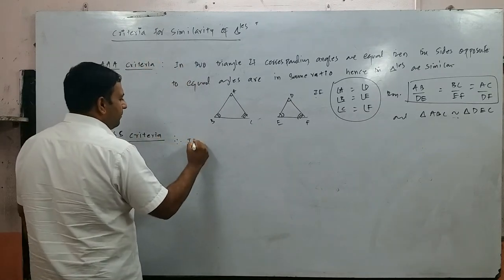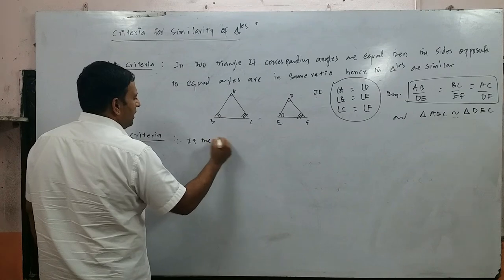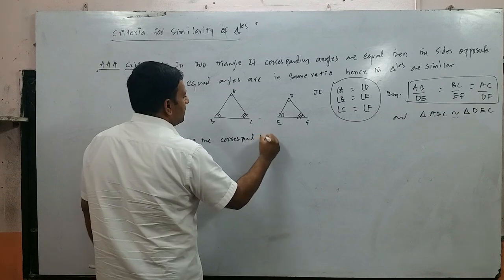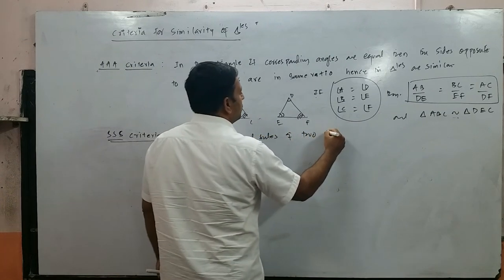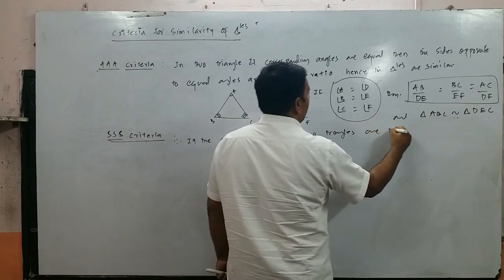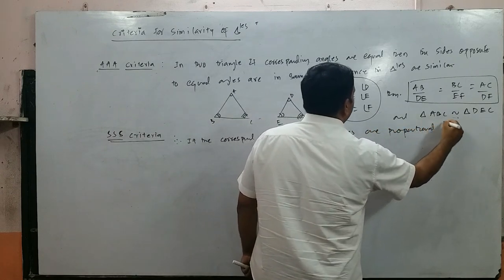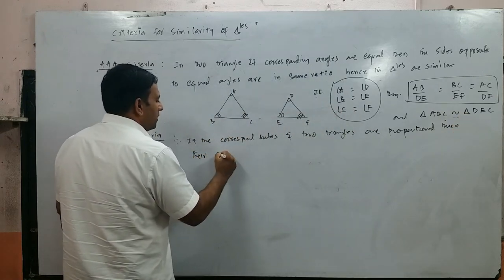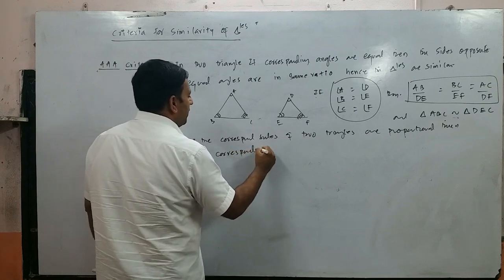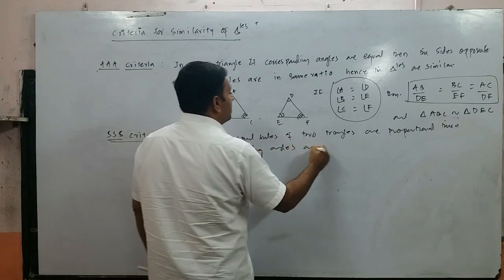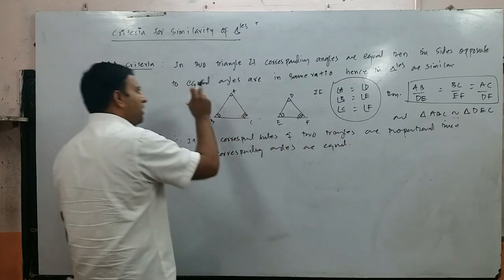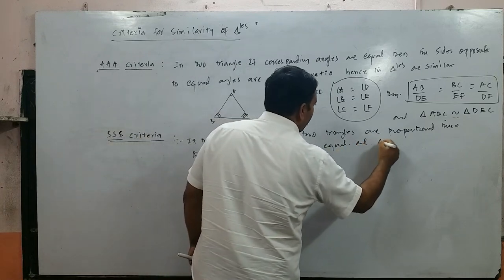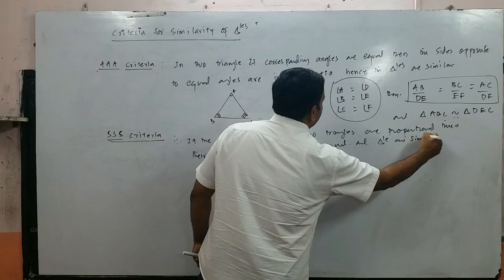Here I will say, if the corresponding sides of two triangles are proportional, then their corresponding angles are equal, right? So what you have written is quite opposite to that. And triangles are similar.